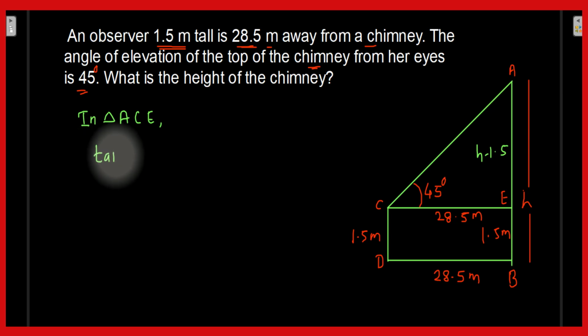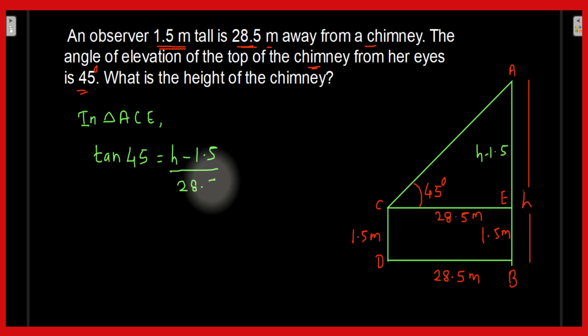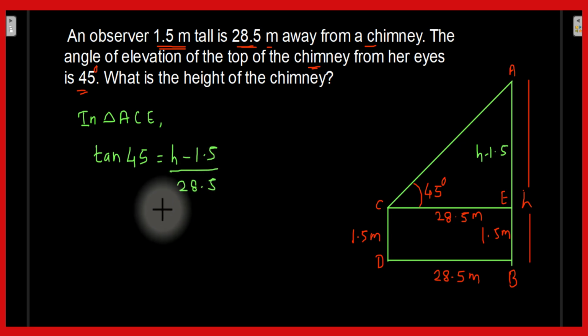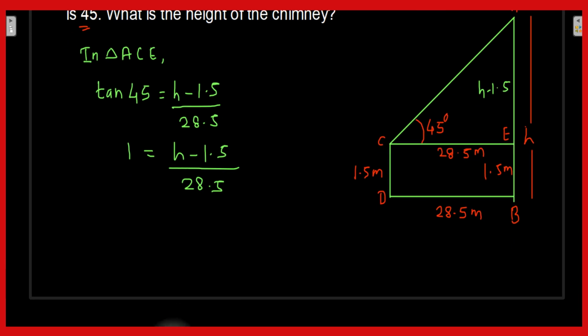So tan theta, that is tan 45, is equal to H minus 1.5 upon 28.5. We know that tan 45 is 1. So 1 is equal to H minus 1.5 upon 28.5. And now very simple, solve this further to get the value of H. So cross multiply.